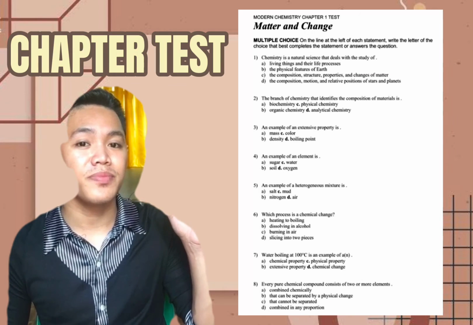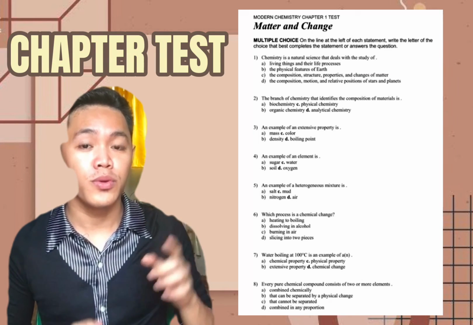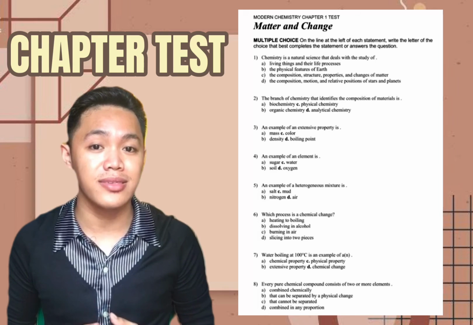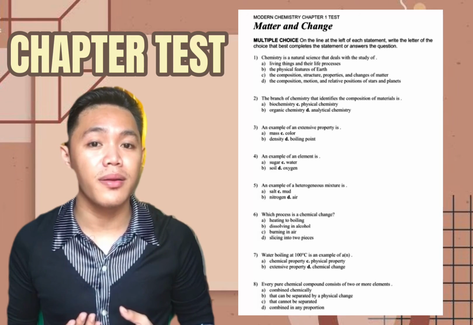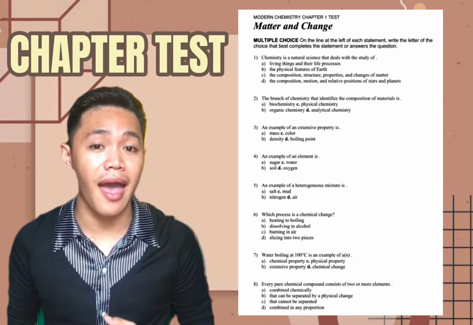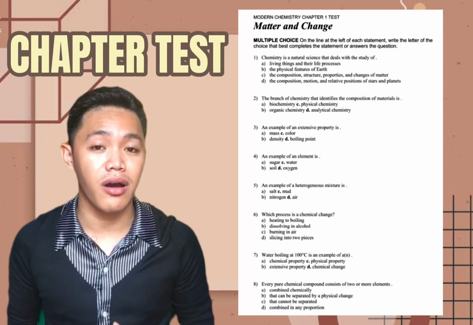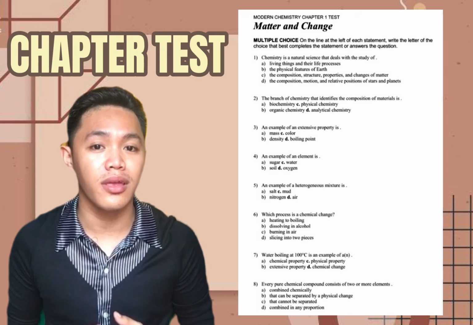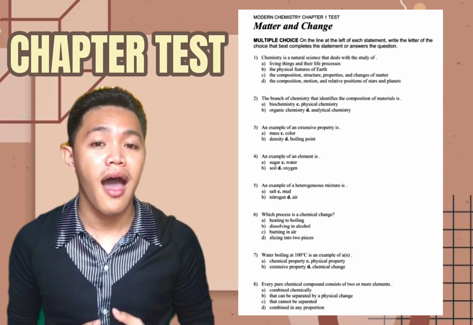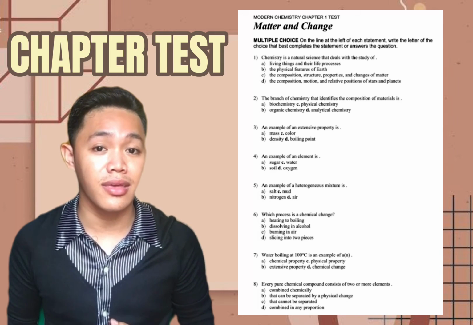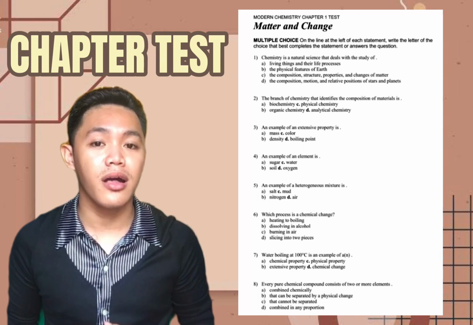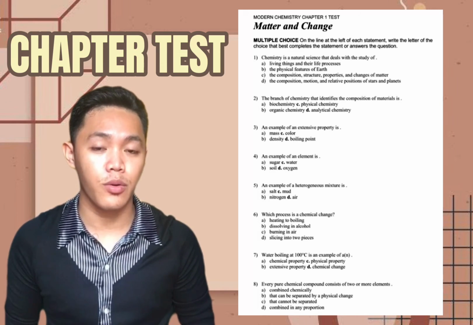So let's have a chapter test here about matter and change, which is a multiple-choice type of test. These are examinations that happen at the end of a topic, section, or training, wherein they are used to determine how well a student understands key chapter concepts and help them prepare for their final examination at the end of the course.